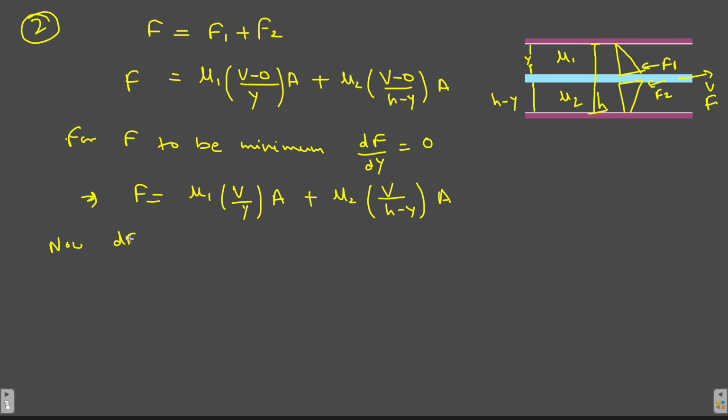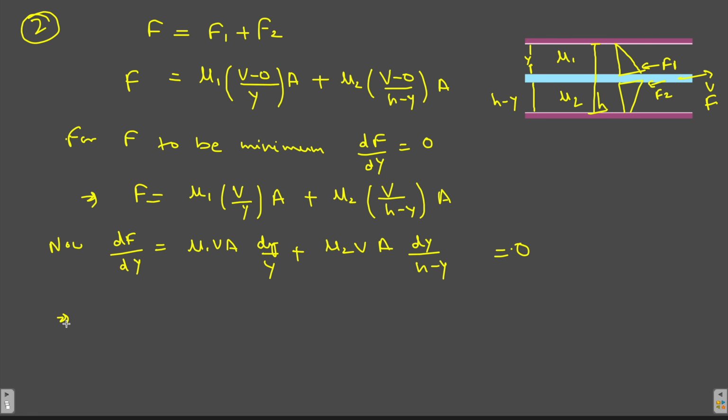Now dF by dy will be, so mu1, v and area are constants, so we'll take them out. It will be d by dy of 1 by y, plus again mu2, v and area are constants, d by dy of 1 by h minus y, and that should be equal to 0.